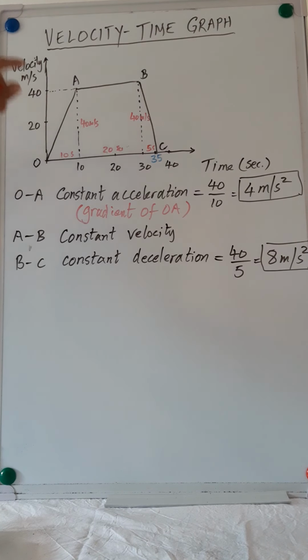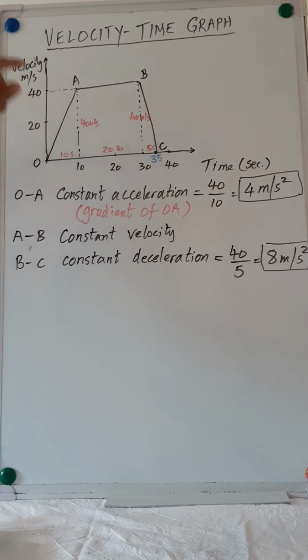Now we could have found this distance by finding the area of the whole trapezium. OABC is a trapezium. I can just show you that we could have found the total distance equals the area of the trapezium.